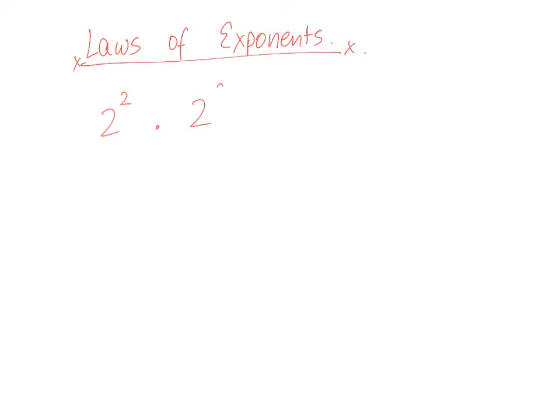Now there are certain rules associated with exponents. So, laws of exponents. Let's try the first one. If we have 2 squared times 2 cubed. What is 2 squared? 2 squared is 2 times 2. What is 2 cubed? 2 times 2 times 2. Now how many times have we multiplied 2 by itself? We have 1, 2, 3, 4, 5.